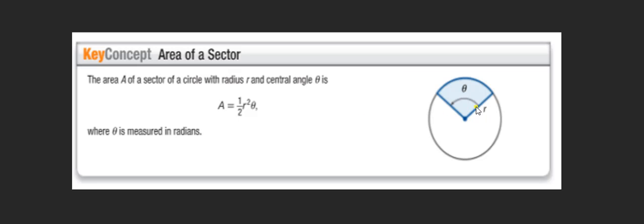Now if you know the measure of the central angle theta and the radius of a circle, you could also find the area of a sector of a circle, which is going to be 1 over 2 times r squared times theta. Again, theta is measured in radians, not in degrees.